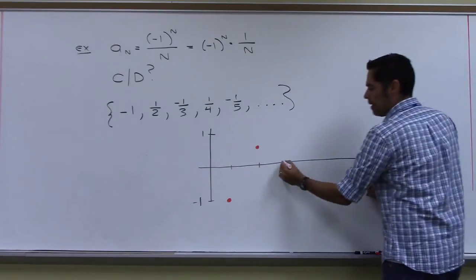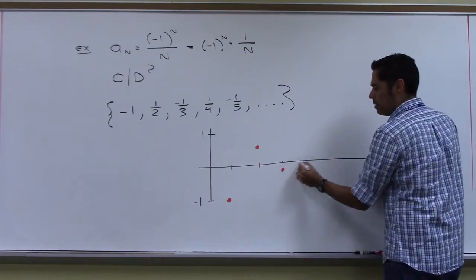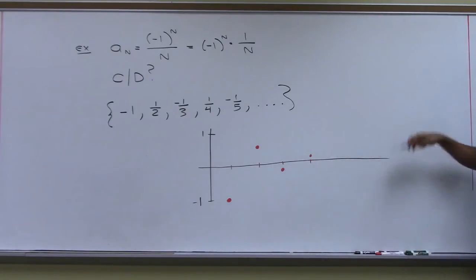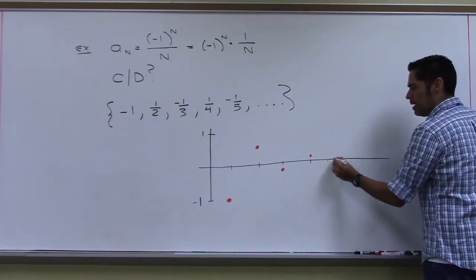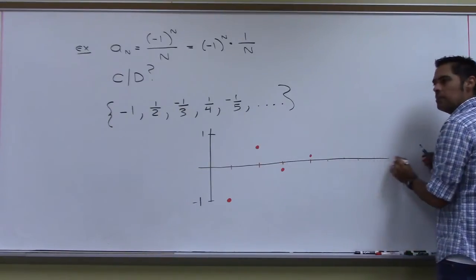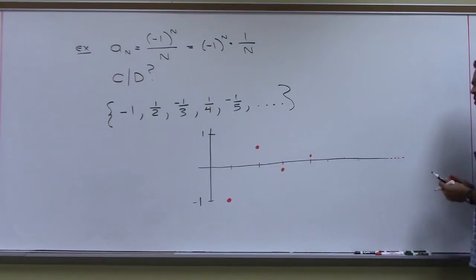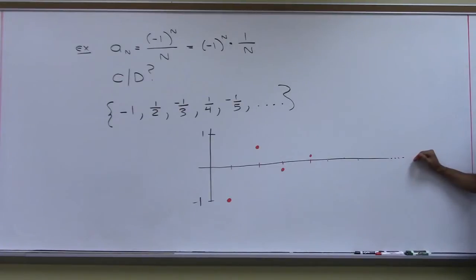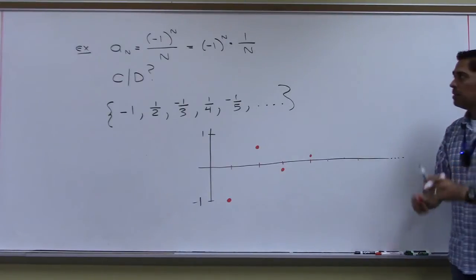Plugged in 3, we got -1/3, and then 4, +1/4. So we are getting the oscillation back and forth between positives and negatives, but they keep on getting closer and closer to what? 0. But it's kind of almost asymptotic. It's approaching 0. It's never actually going to get there, is it? Okay. But it's approaching it.